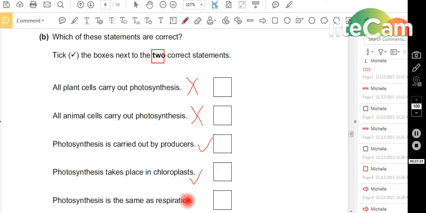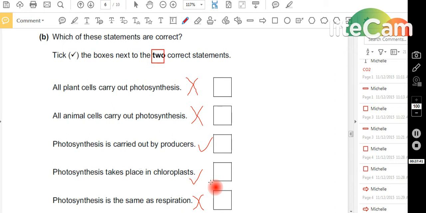Photosynthesis is the same as respiration. Is that correct? No. Respiration is the chemical process that is exactly the opposite of photosynthesis. In respiration, that's how cells are going to produce energy. You don't have to know all of that now, just know what it's about.